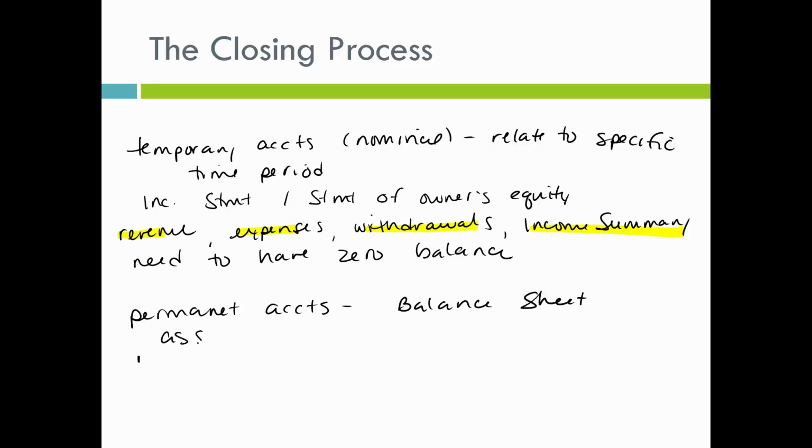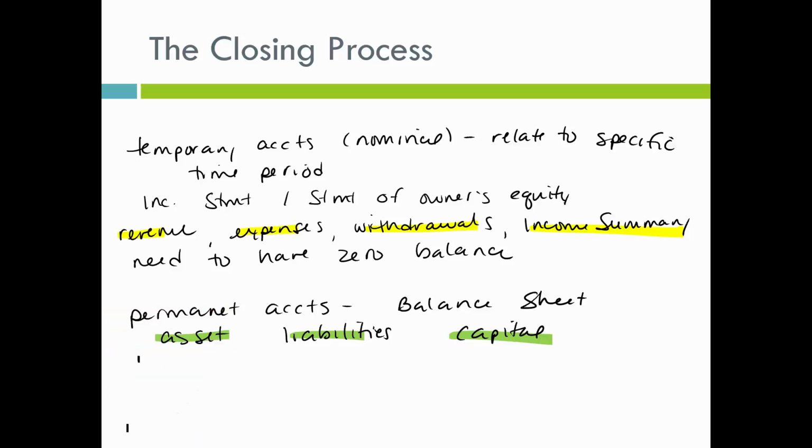But my assets, my liabilities, and my capital account are all still going to be here. Just because I'm starting a new fiscal year, my cash is still there, my debt's still there, I still have to pay that, my building is still there. They're not specific to a time period. So those, let's make those green: assets, liabilities, and capital are all permanent accounts. So they will still have a balance when I'm done with this process.